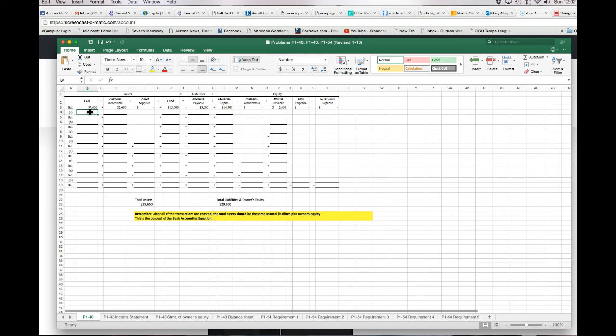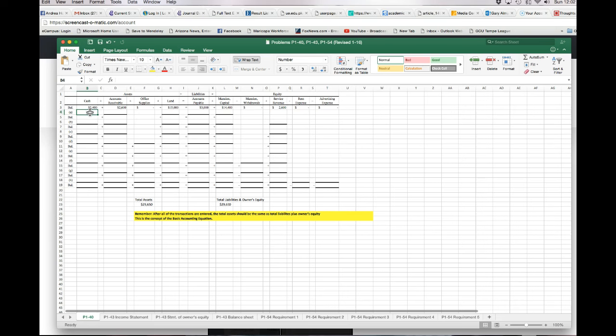So for instance, in transaction A, I'm going to use a different example than what's in the textbook, just to give you an example. Let's say that the company paid cash in order to purchase office supplies, and they paid $200. So if this company did pay cash to purchase office supplies, then you're going to decrease cash.